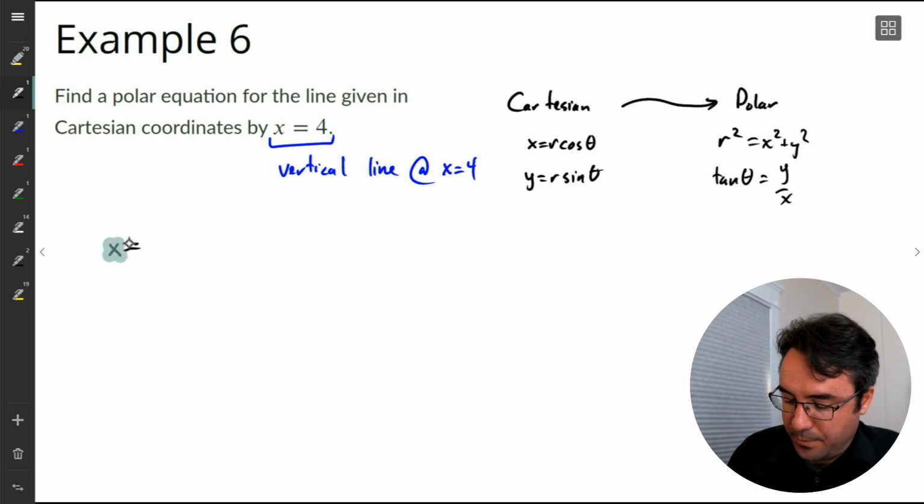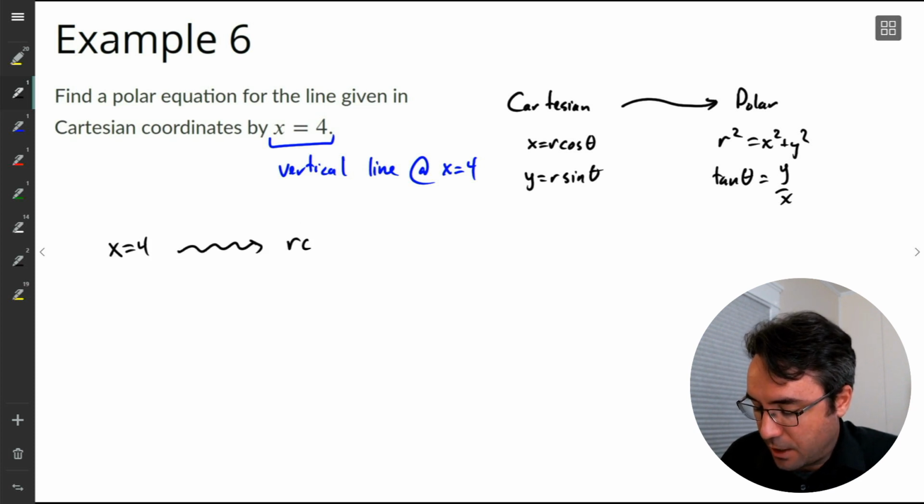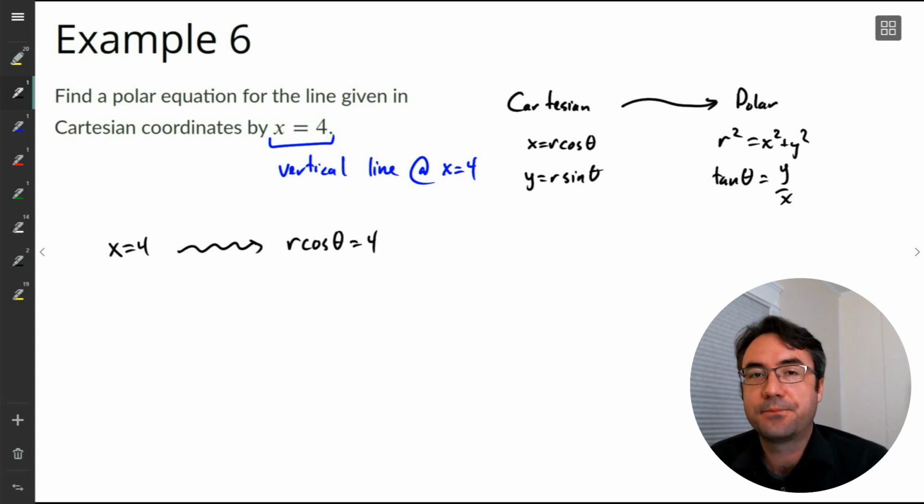So let's start with our Cartesian version here, x equal to 4. And we're just going to change that x into r cosine theta. So we know r cosine theta is equal to 4. And when we write down a polar equation, a lot of times we want to solve for r.